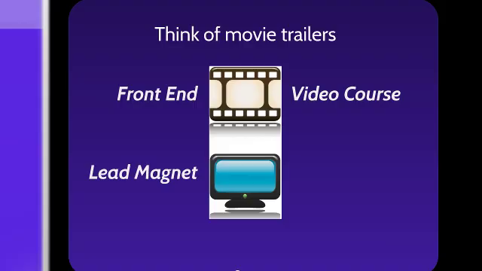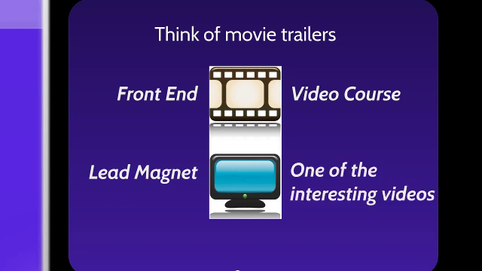Let's say, for example, that your front end offer is a video course. Whatever you're trying to sell in that video course, what could your lead magnet be? Well, it's pretty easy. As long as you have the concept, take a piece out of the front end. We want to take maybe one of the most interesting videos.